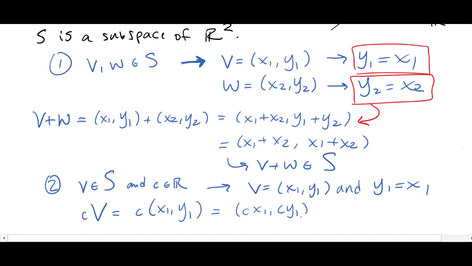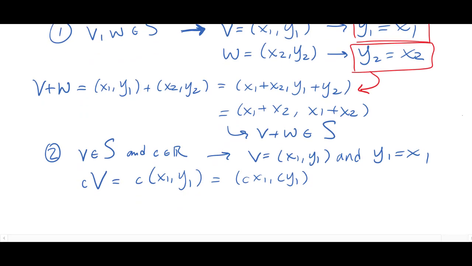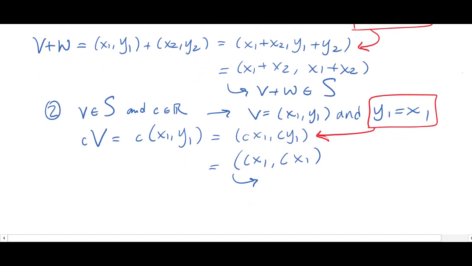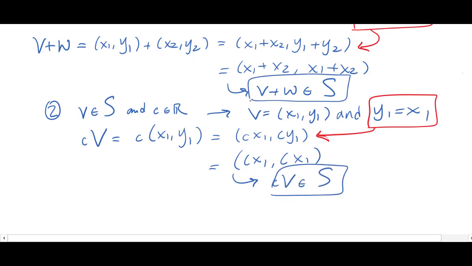But if we apply this condition that y1 is equal to x1, then this is cx1, cx1. So the y coordinate is still the same as the x coordinate. This means CV is in S. So these are the two conditions we need to satisfy. So it's a subspace.